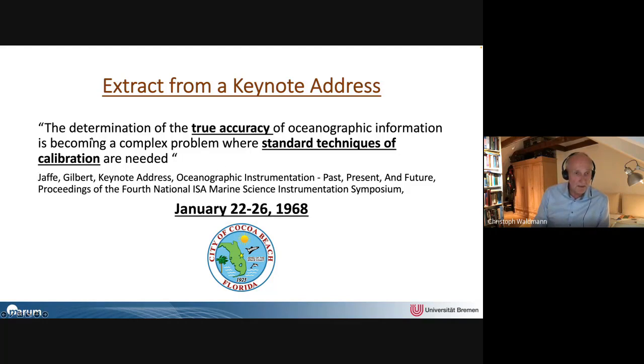What is written here is: the determination of the true accuracy of oceanographic information is becoming a complex problem where standard techniques of calibration are needed. This is the original citation. That means people were aware at that time that there is an issue that has to be addressed, but it hasn't really been done within the past 55 years. And that's, I think, a major issue that people have to address.